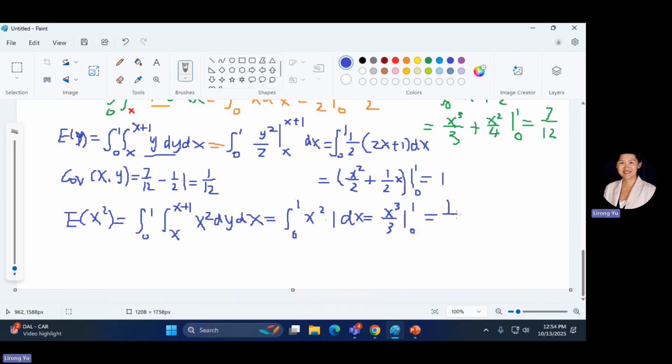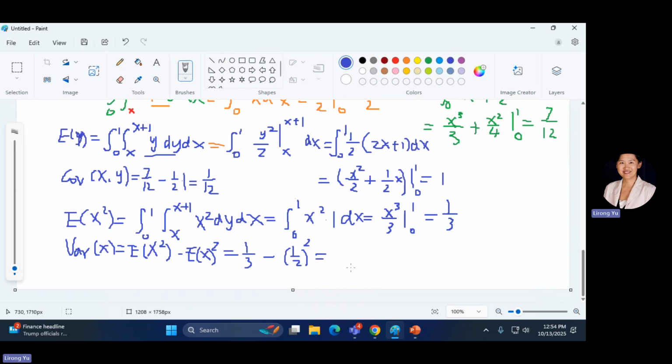This is 1/3. That's the expectation of x squared. That means the variance for x is the expectation of x squared minus the square of the expectation, which is 1/3 minus 1/2 squared.